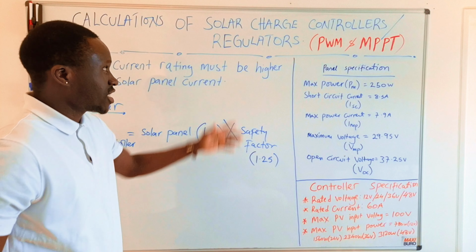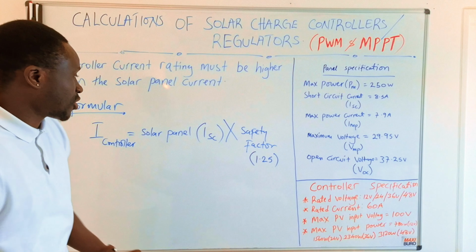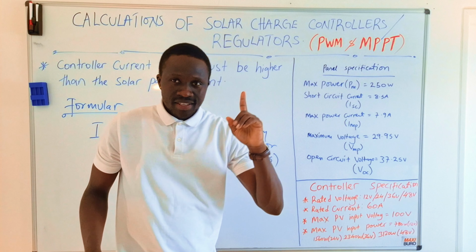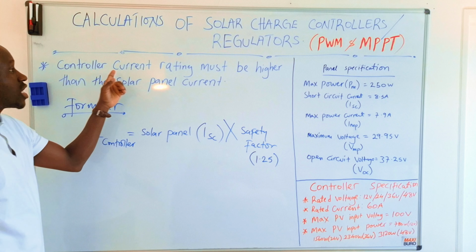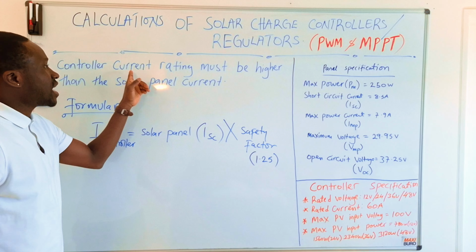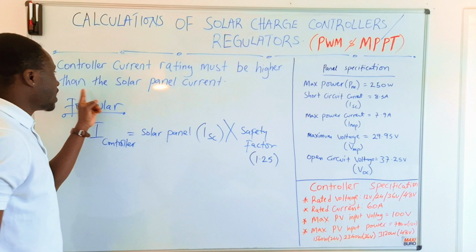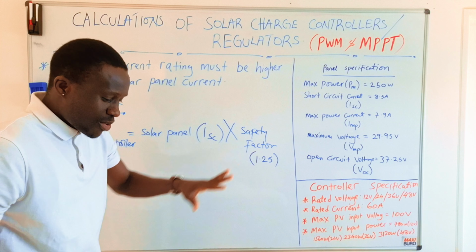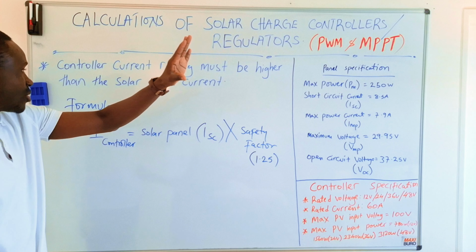When you're calculating regulators, you also need to apply the safety factor. The controller current must be higher than the solar panel current.